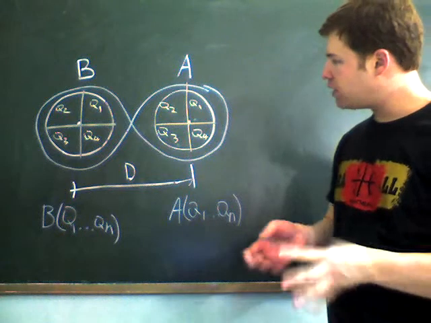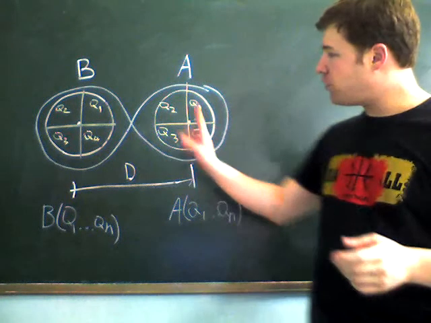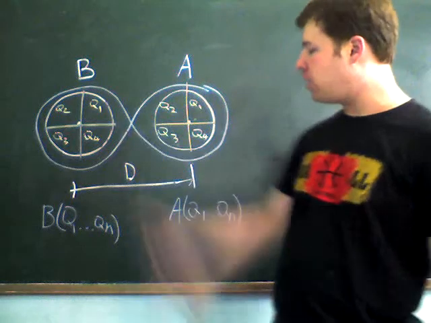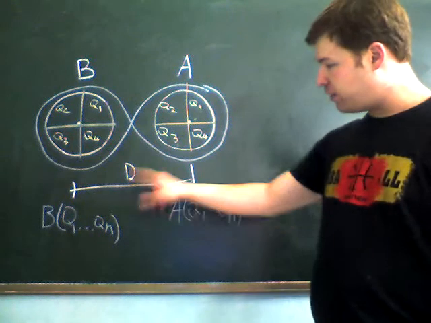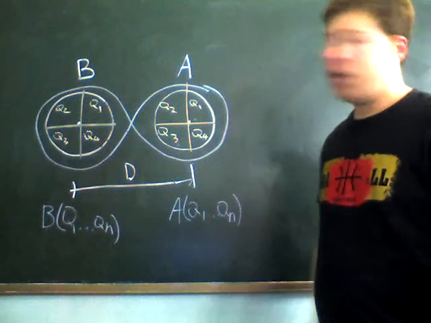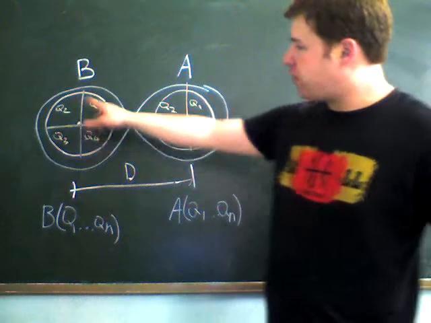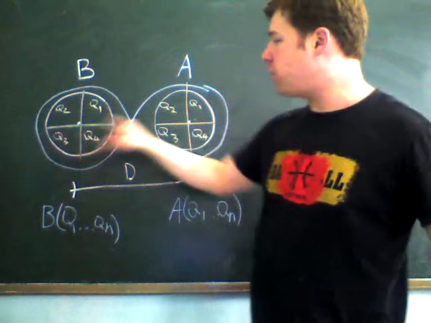Okay, so let's recap what we've done so far. We have two stargates, A and B. They're a distance of d apart from each other, which really isn't a big deal. And we have each one of them divided into 5 quadrants.